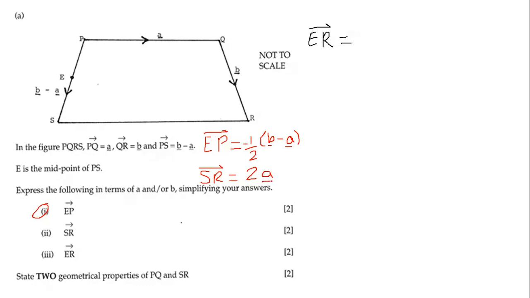So SR is equal to 2A. Let's insert that in our diagram. So SR is 2A bar, and EP is negative a half of B minus A.